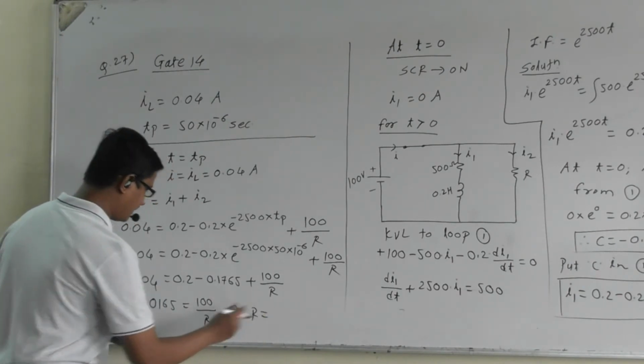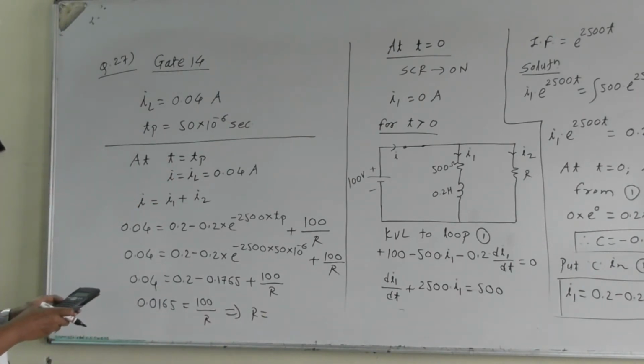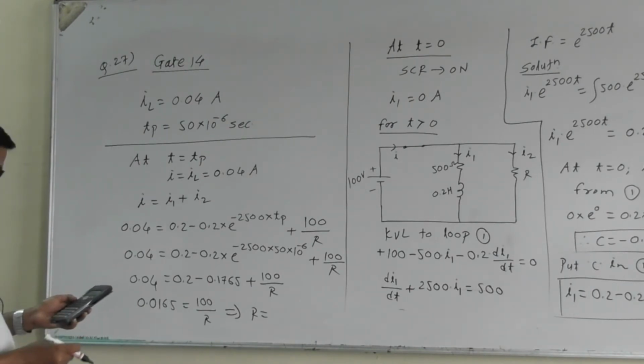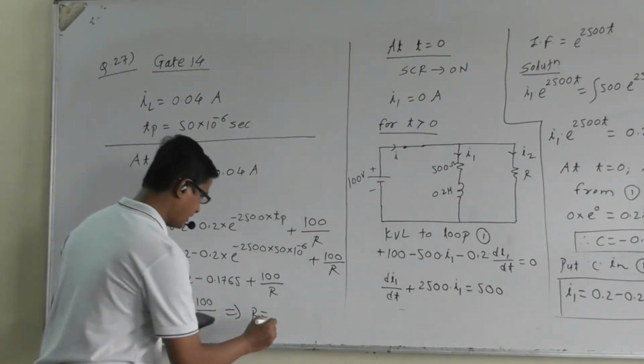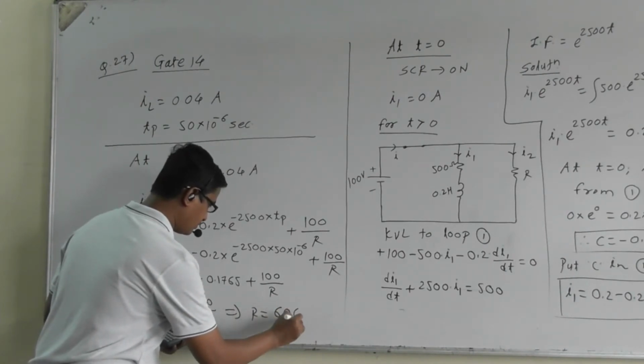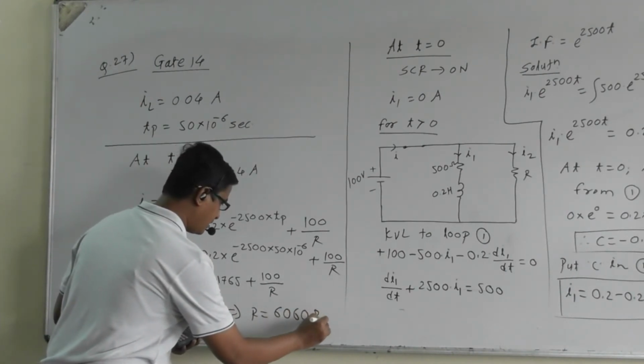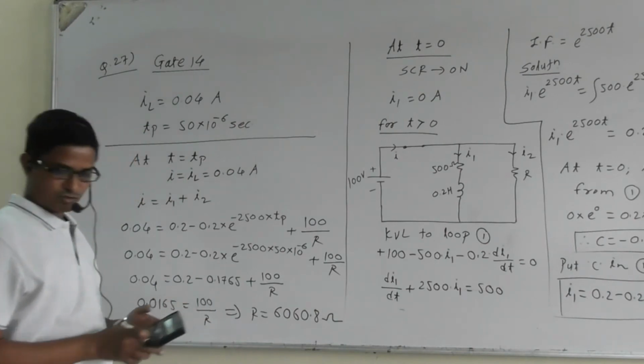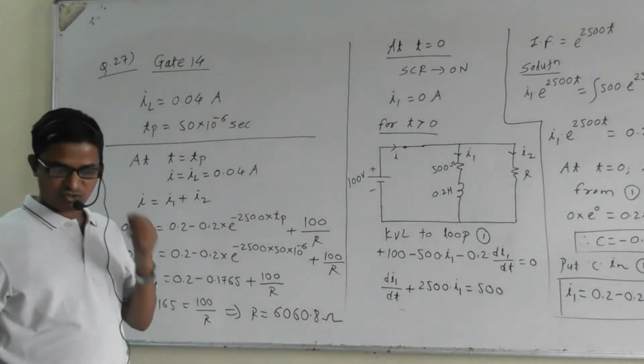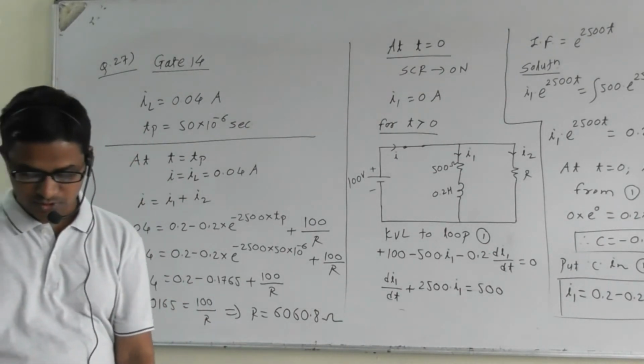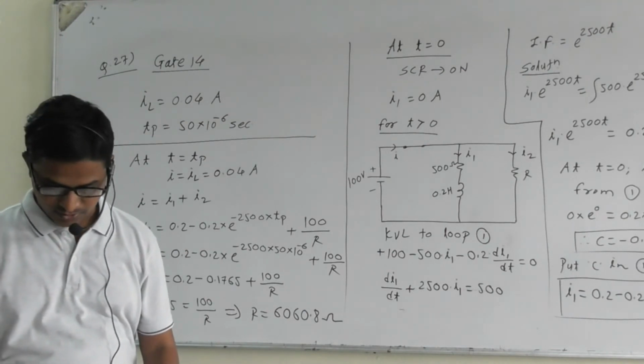Therefore R is equal to 100 divided by 0.0165, so it is 6060.8 ohm, or 6061 ohm. Are you getting the point, right?